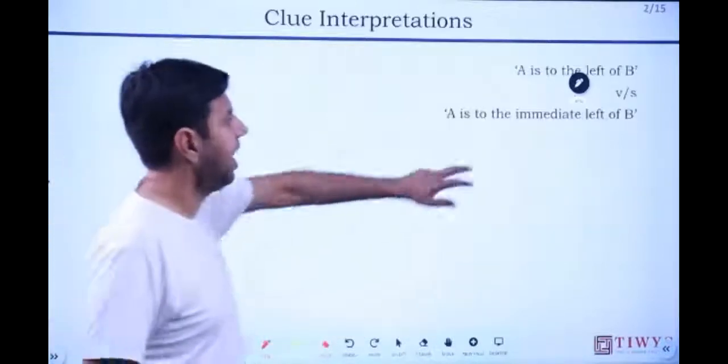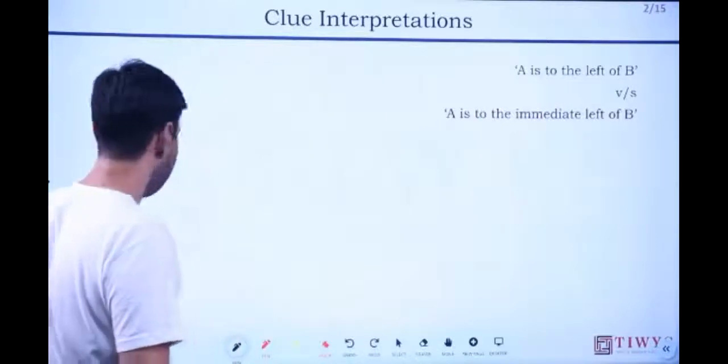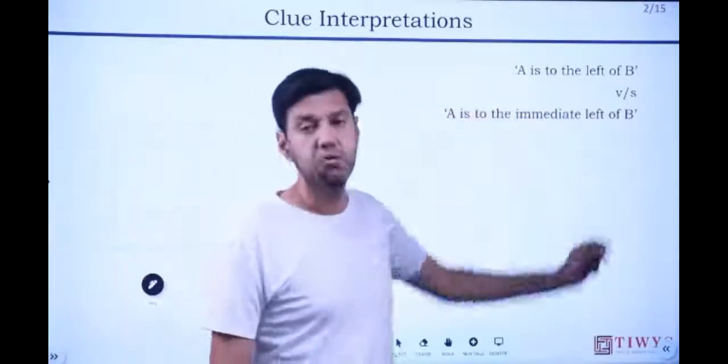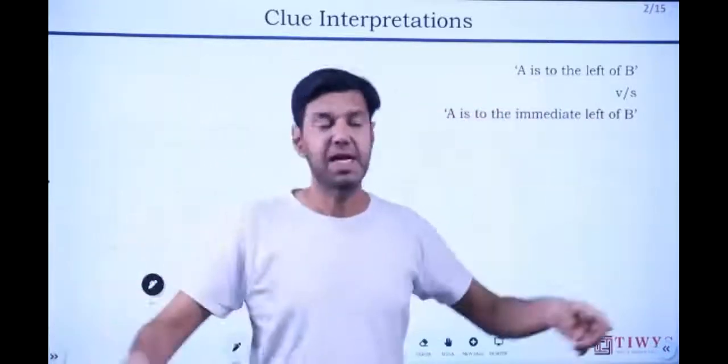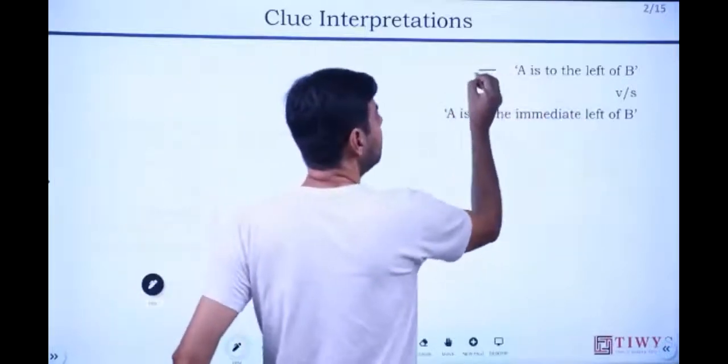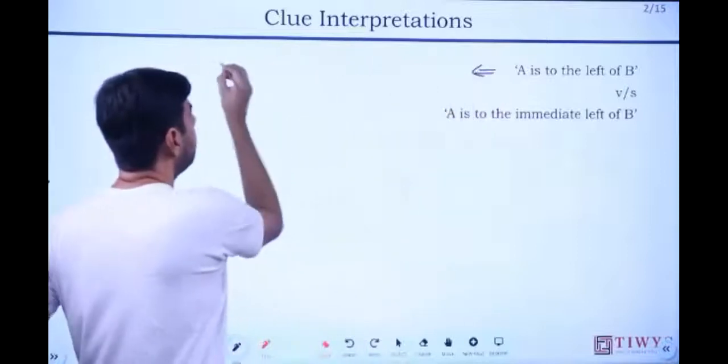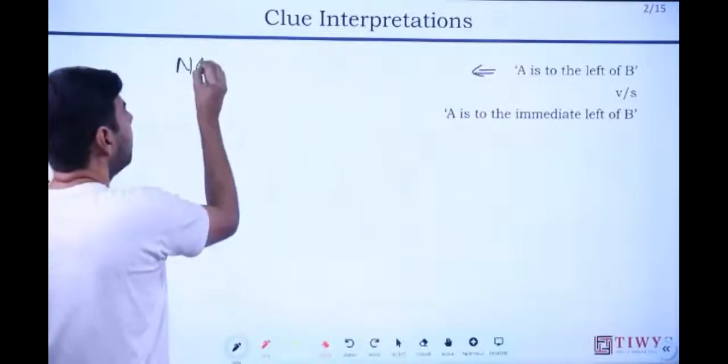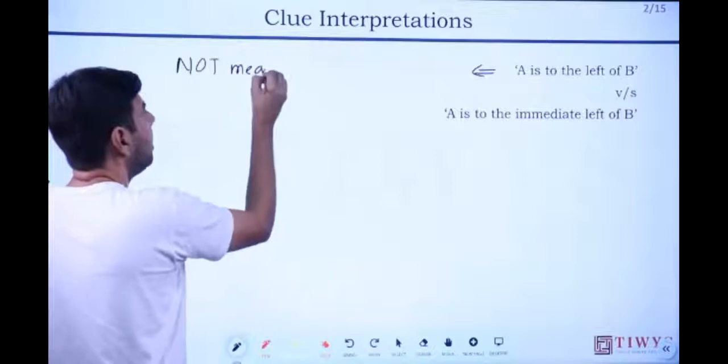So the first language you see is "A is sitting to the left of B." A clue says A is sitting in an arrangement, A is sitting to the left of B. To the left of B, students, does not mean immediately left.